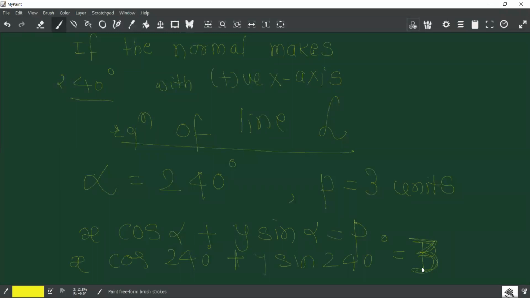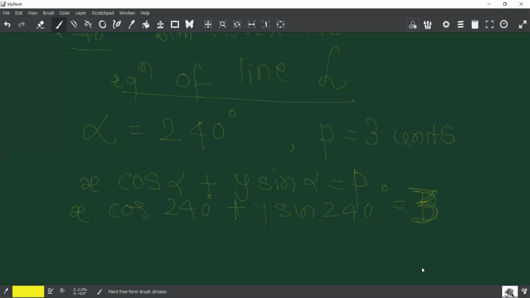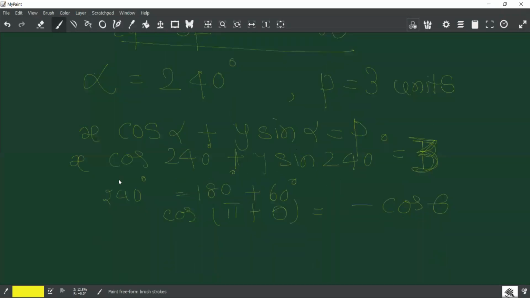You know how to find cos of 240? What is 240? 180 plus 60. So it is cos of pi plus theta, which is minus cos theta. So it's minus cos 60, which is minus half.